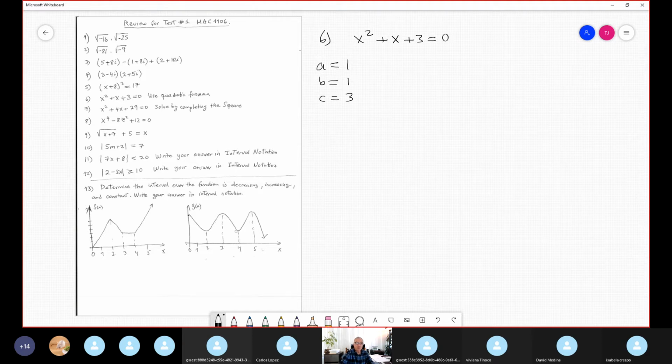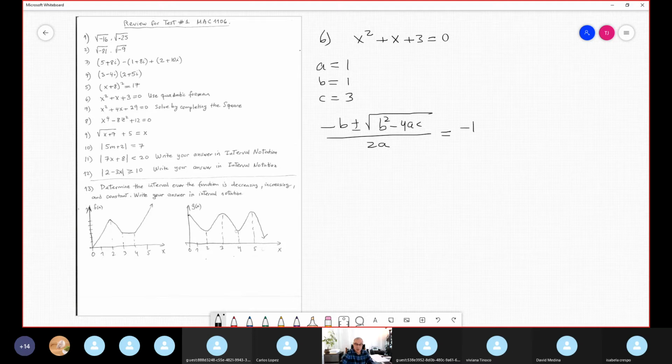And now plugging it into the quadratic formula, which is minus B plus or minus square root of B squared minus 4AC, divided by 2A. This is my famous formula that I need to memorize. Or no memorize, you copy, because the test is at home. So you see your notebook, no? I'm plugging in.